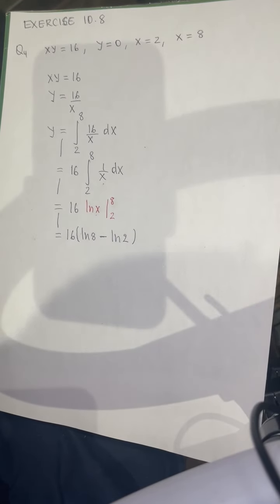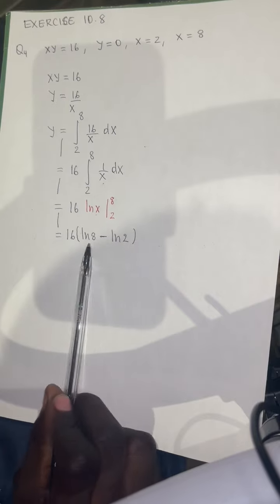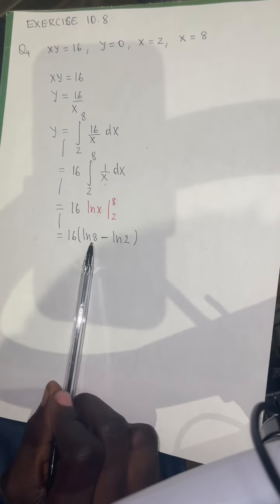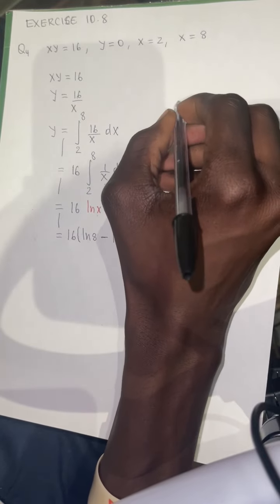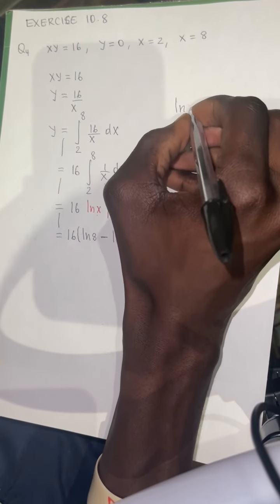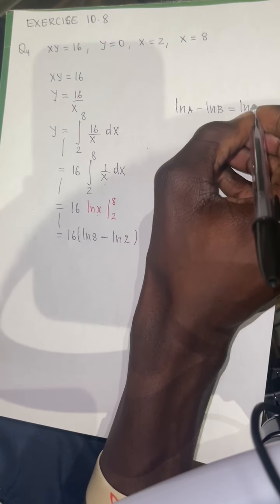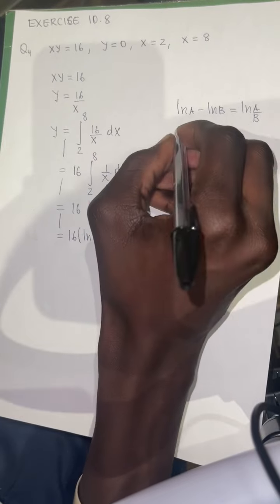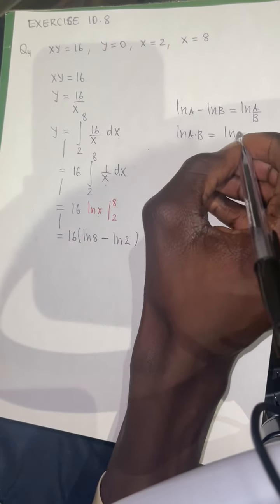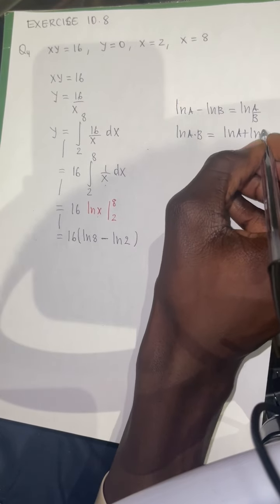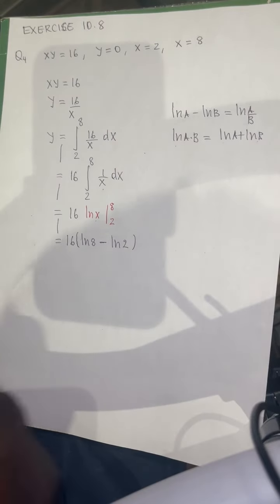So guys, remember in the first video, or in the same lesson, I explained how we do the ln things. I'm just going to simplify again. When you have ln of A minus ln of B, this is just ln of A divided by B. When you have ln of A times B, this is just ln of A plus ln of B. So now what can we have?